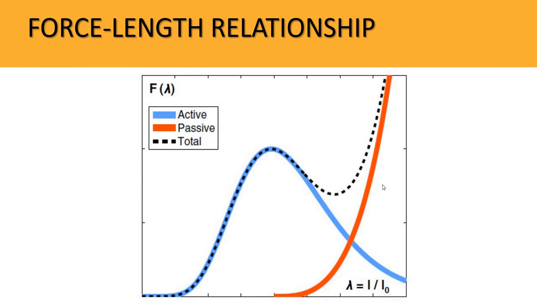So the force that is coming from the muscle when you're stretching comes from the passive connective tissue in the muscle. Everything that isn't myosin and actin: the collagen, the titin, the desmin, the alpha-actinin, the various proteins that make up a muscle, which don't contribute to active force but are still there.